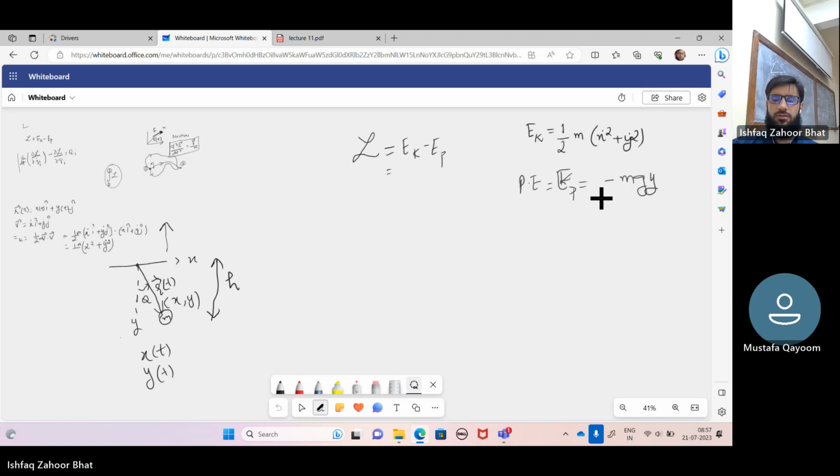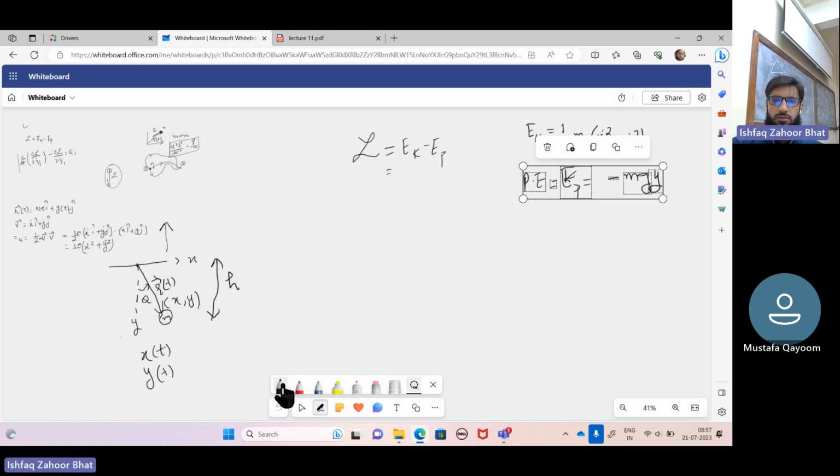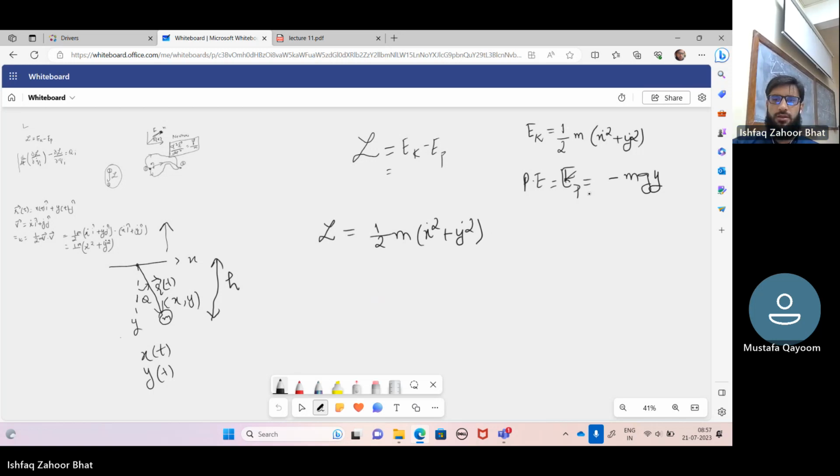Now using this we can calculate L. So what is E kinetic? That is 1 by 2 m x dot square plus y dot square, minus E potential, which is minus mgy.